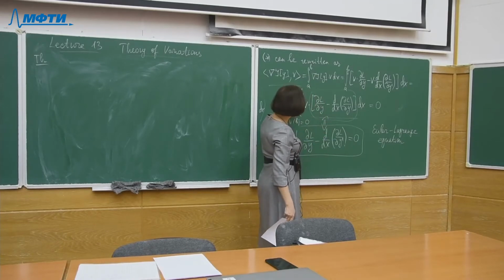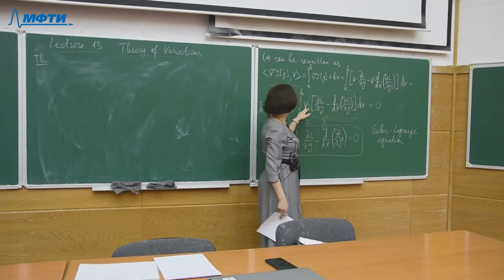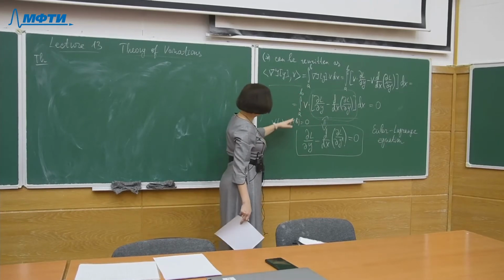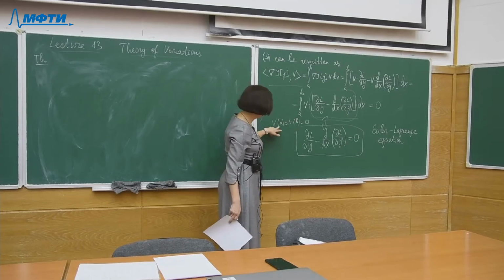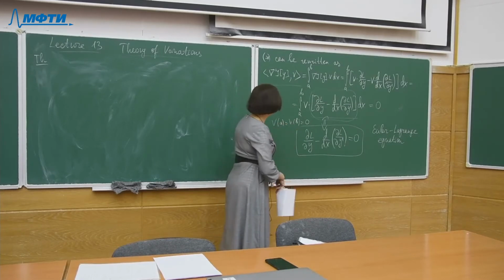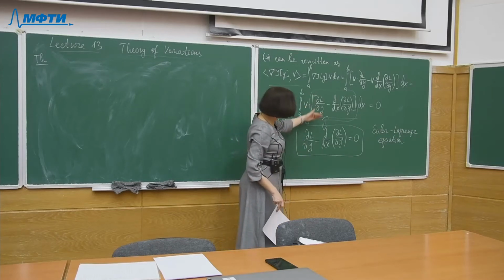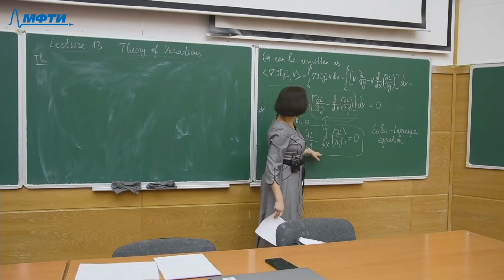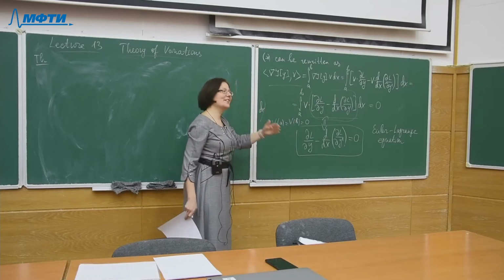So if the integral of v times the function is equal to 0 for any function v, such that v is a differentiable C1 function, and v of a equals v of b equals 0, then it follows that the second part must be 0. Okay. And so this is the way to find critical points.